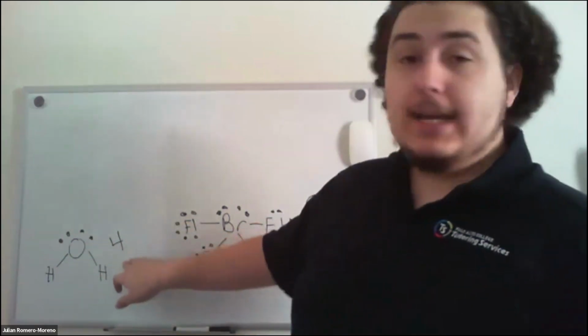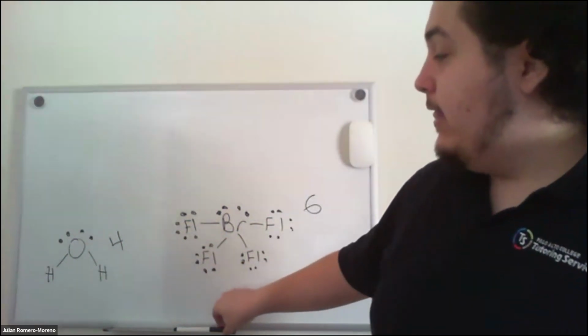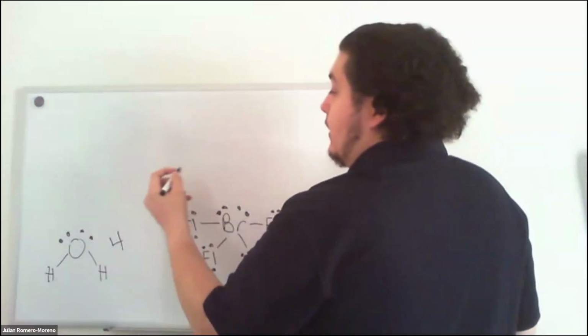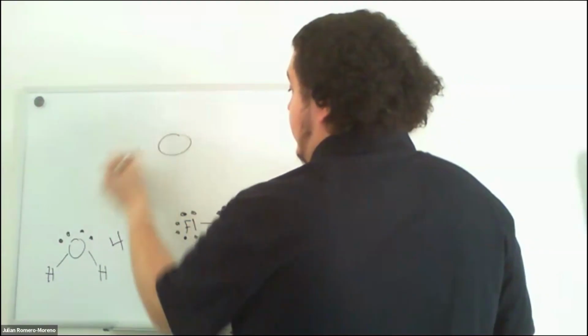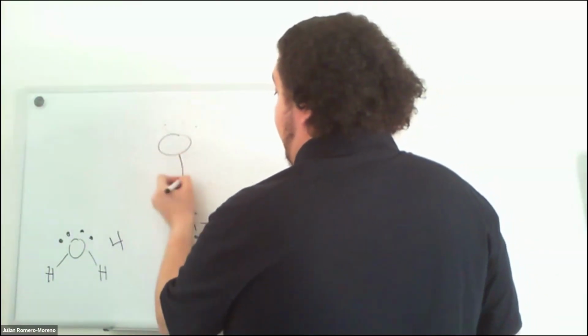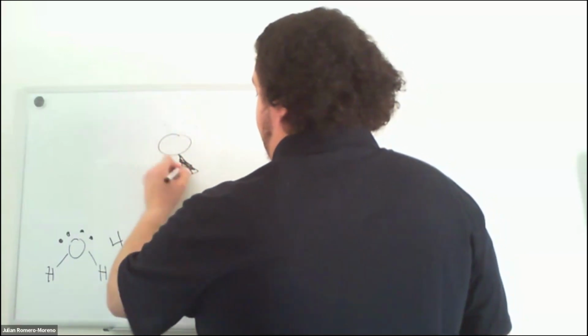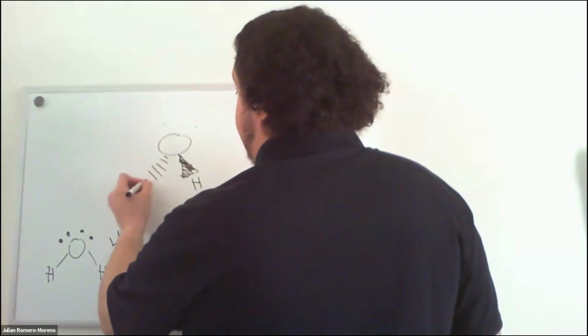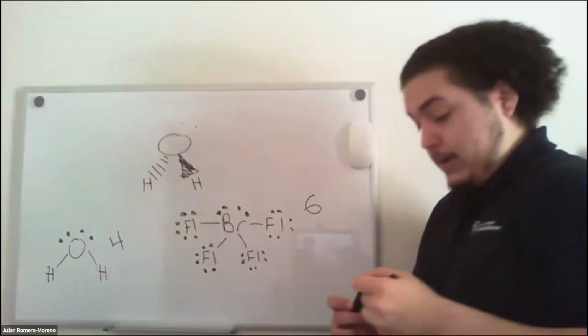So instead of being a tetrahedral geometry, that would be its electron geometry. For its molecular geometry, we would instead describe it as what we would call a bent geometry.